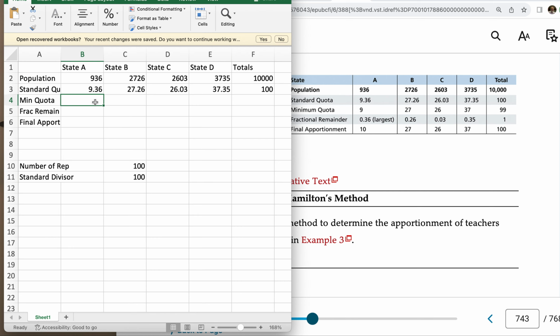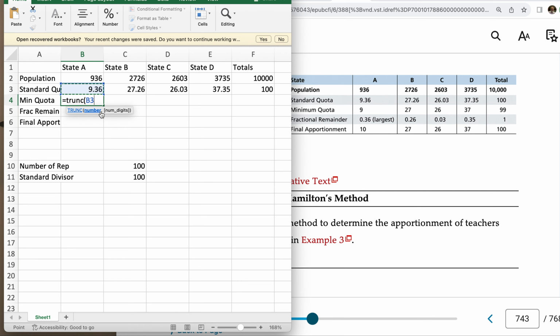So I write in equals, and I could try to write the whole word, but it's abbreviated in spreadsheets usually as TRUNC. You notice it picked up that function truncate. And if I put a parenthesis, it'll say, what number do you want to truncate? And I'm going to click on that box.